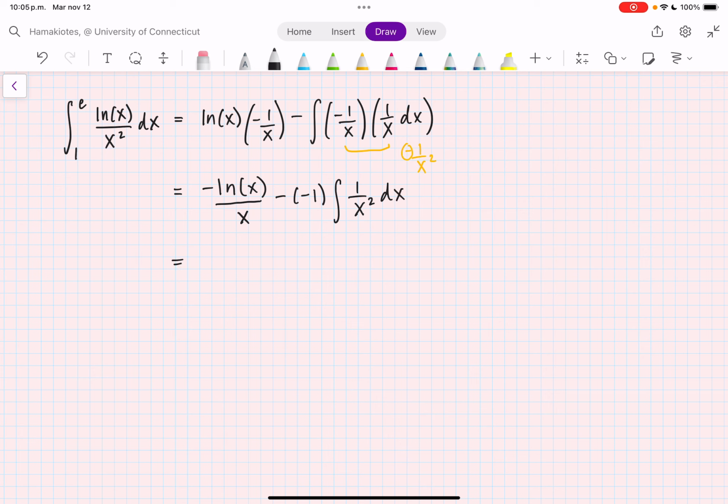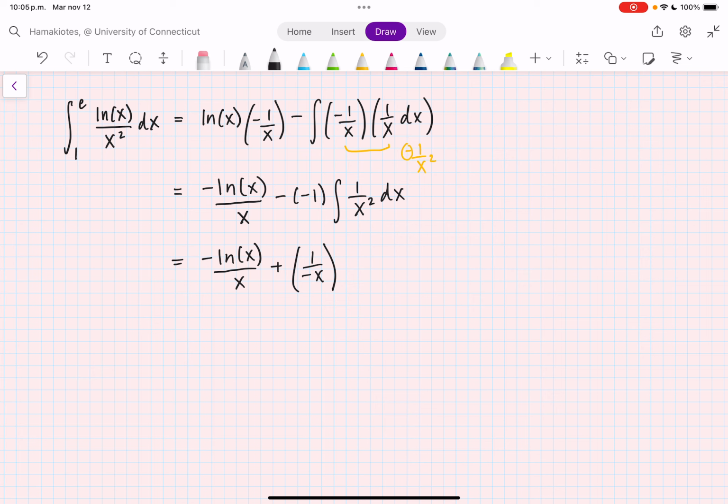So this is minus ln of x over x plus, now we can evaluate the integral of 1 over x squared dx, which is, as we saw earlier, x to the minus 1 over minus 1, which is the same as 1 over minus x.